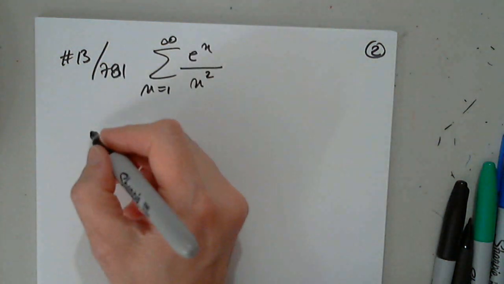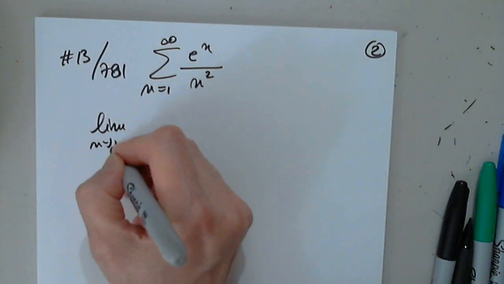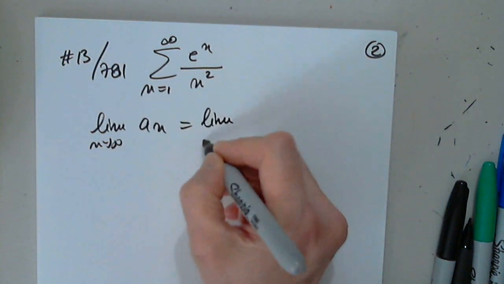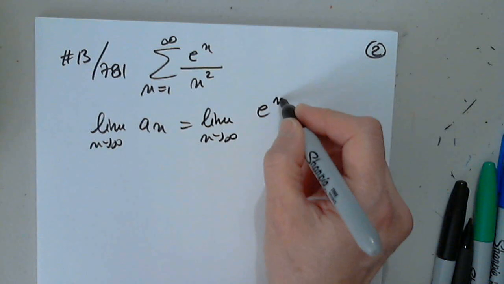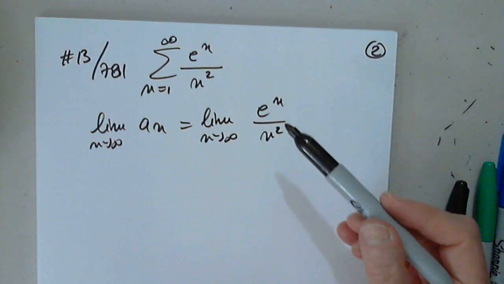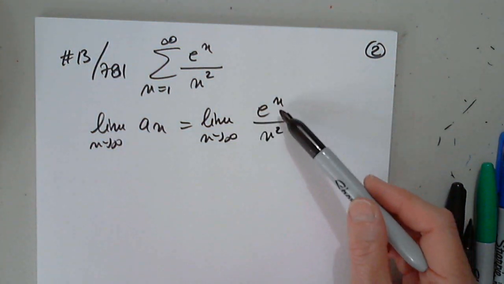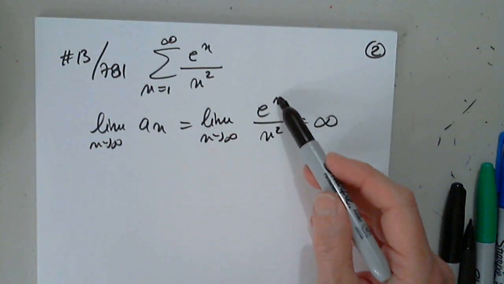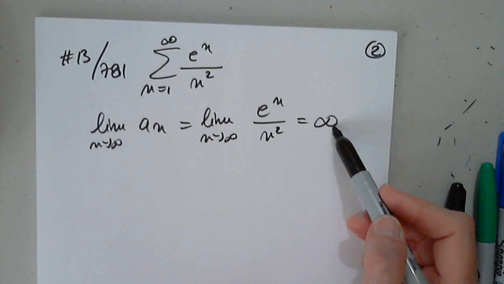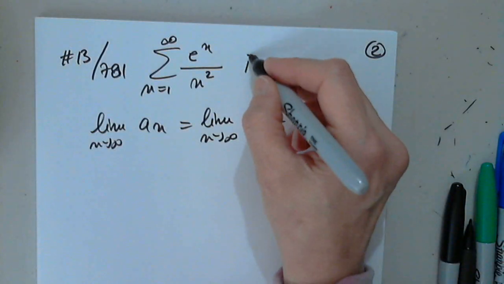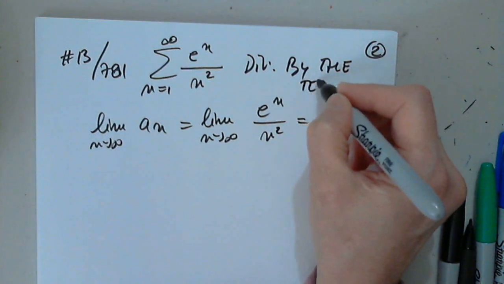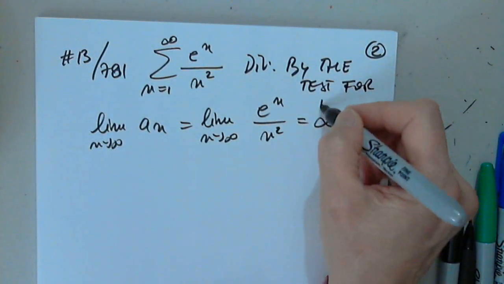So when we look at the limit as n approaches infinity of a sub n, which is e to the n over n squared, and when we differentiate, because this is infinity over infinity, the numerator will always be bigger than the denominator. So this is divergent by the test for divergence.